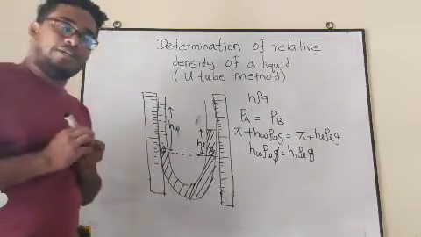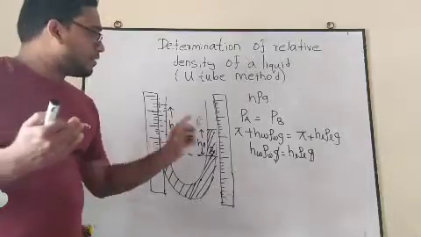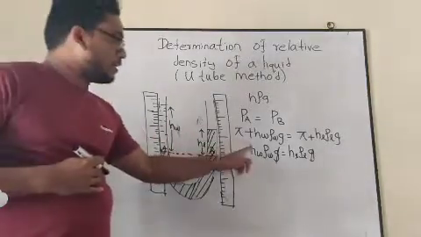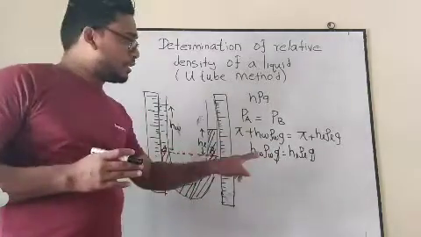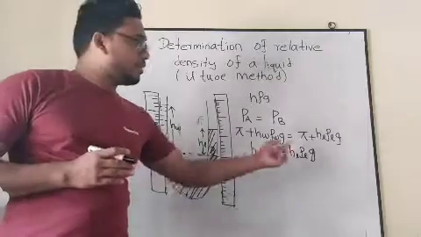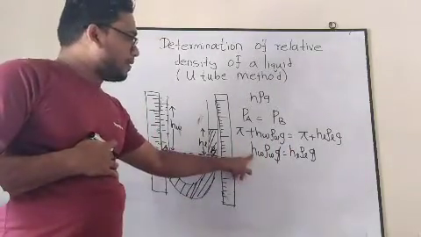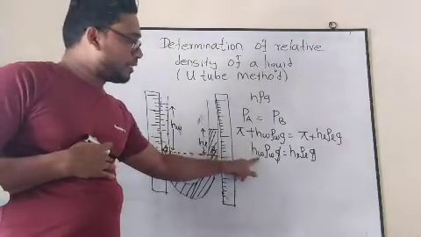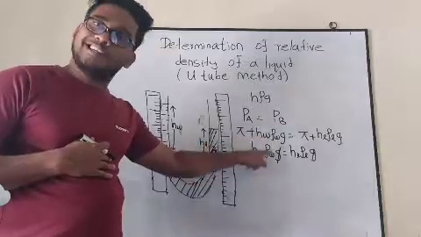Now I already told you the water is less dense than the liquid. Look at here, rho W, rho L, HW, HL. The product of density and height equals the other product of density and height. So if HW is high, what can we say on the other hand? Rho W should be less.